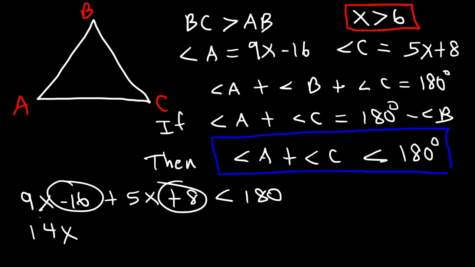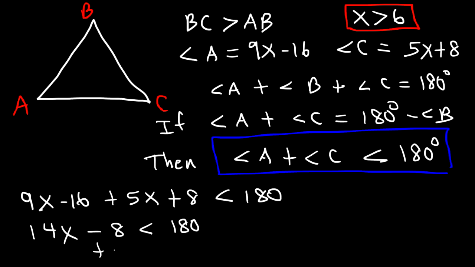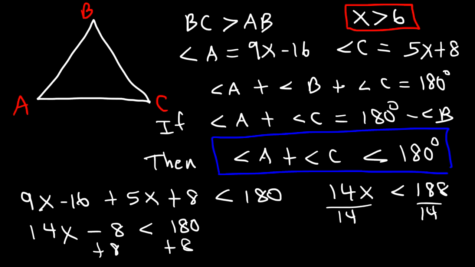Negative 16 plus 8 adds up to negative 8. So now we need to add 8 to both sides. So we could say that 14x is less than 188. And now let's divide both sides by 14. So 188 divided by 14 is 13.4 if you round it to the nearest tenth. So x is less than 13.4.